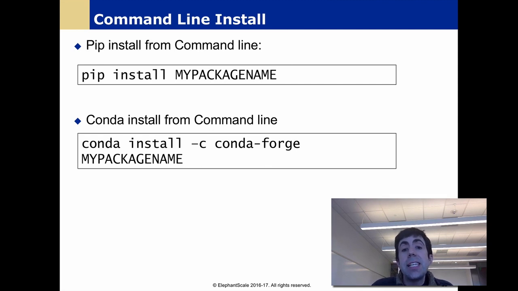And I recommend adding -c conda-forge. That's because there's a lot more packages available on Conda Forge than are available in just the default repository. So it's better to just do that from Conda Forge when you're there. Now, some packages are just not there in Conda Forge or Conda, so we'll have to go ahead and install those with pip anyway.